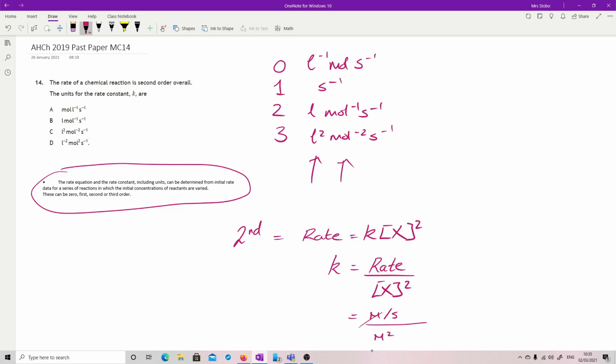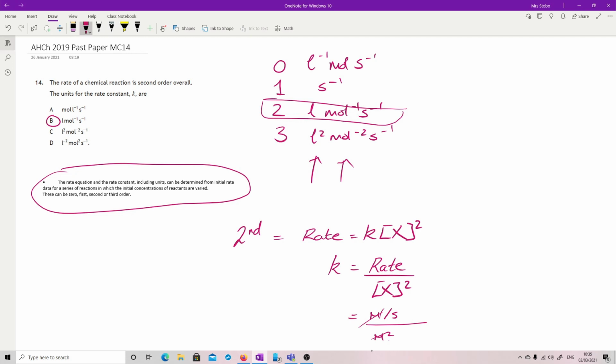So I need to cancel off one of these, which is why I go to a 1 over s here, and I'm still left with a 1 over molarity down here, which is why it's this one. Making a bit of a mess of my scribbles. Okay, so B. I don't like it, but it is what you have to deal with.